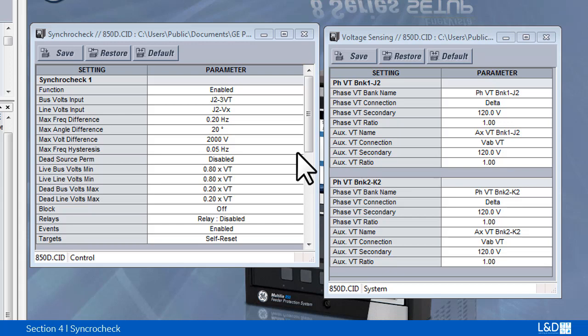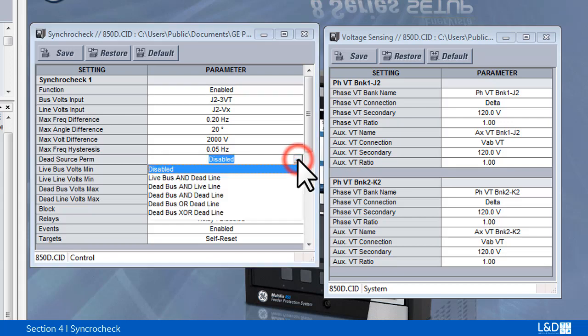The Synchrocheck programming can allow permitted closure if either or both of the sources are de-energized. Dead source permission provides the combination of dead and live sources that bypass the synchronism check and permits the breaker to be closed when one or both of the two voltages are below the maximum voltage threshold.